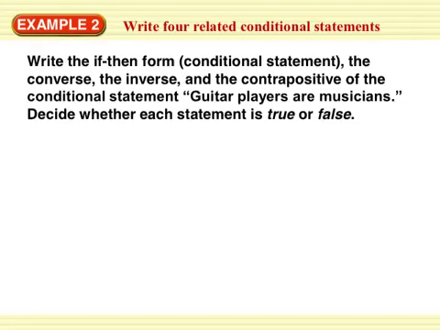Another example. Write in if-then form, which is a conditional statement, the converse, the inverse, and the contrapositive of the conditional statement. Guitar players are musicians. Decide whether each statement is true or false. So the first one I'm going to write is the conditional statement.